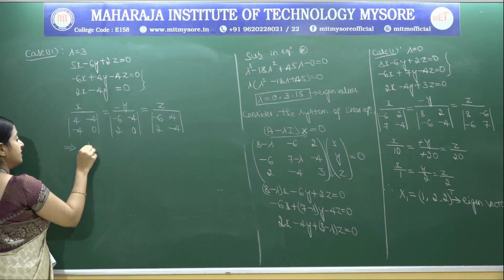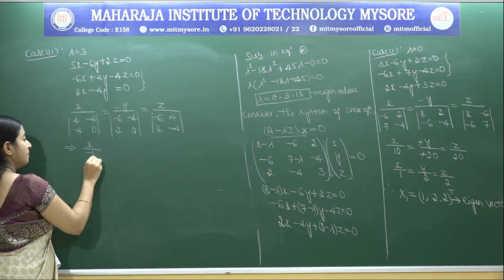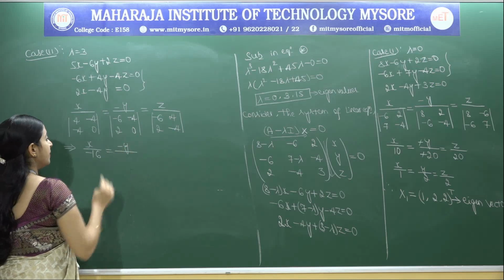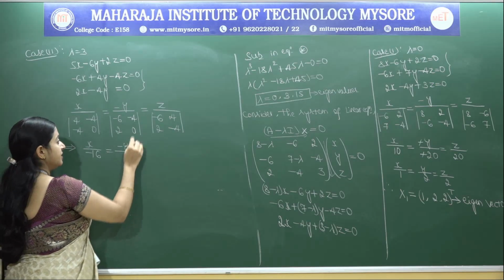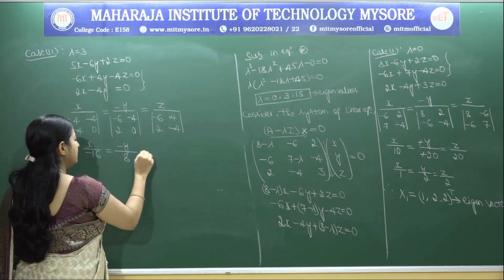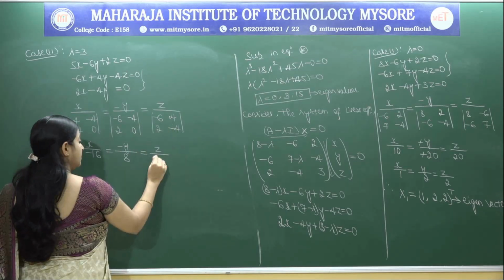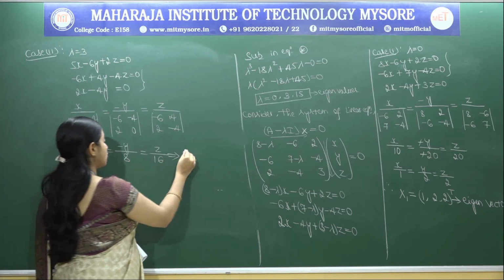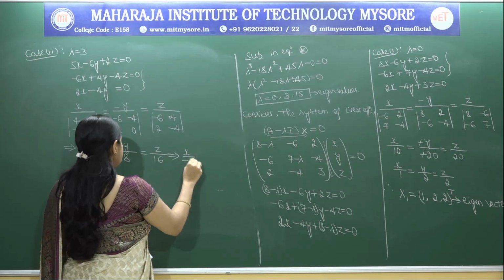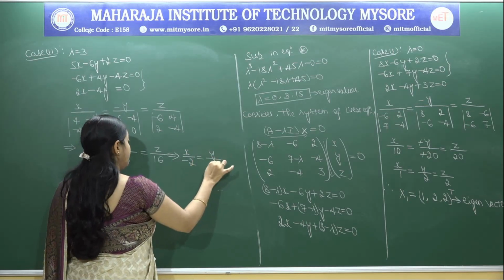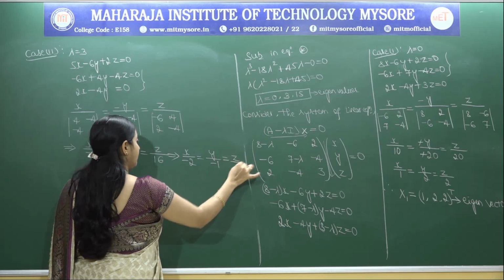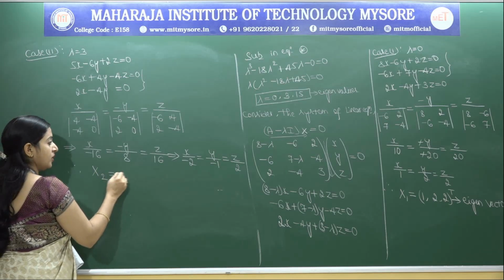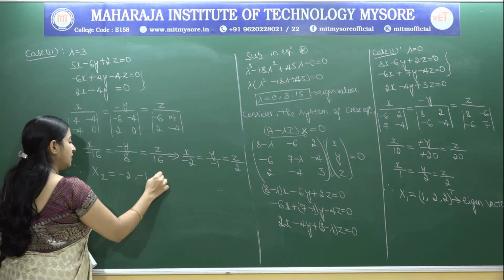So this implies x divided by, the first one, minus 16, 0 and minus 16. The second one, minus y divided by plus 8, 0 plus 8. Last one, z divided by 24 minus 8, you will get 16. So the reduced form of this: we will get x divided by minus 2, y divided by minus 1, z divided by 2.